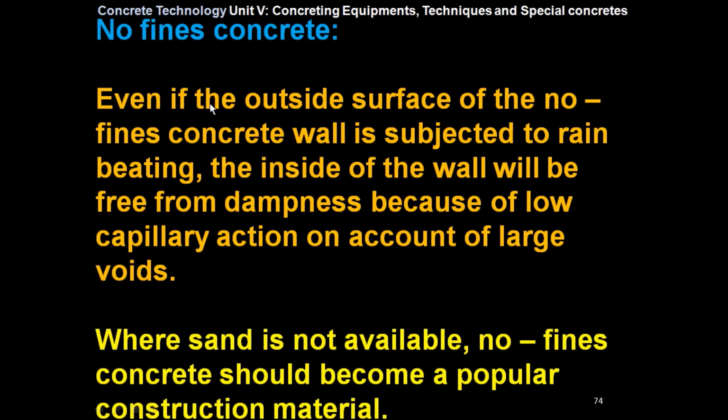Even if the outside surface of the no-fines concrete wall is subjected to rain beating, the inside of the wall will be free from dampness because of the low capillary action on account of large voids. When sand is not available, no-fines concrete should become a popular construction material.